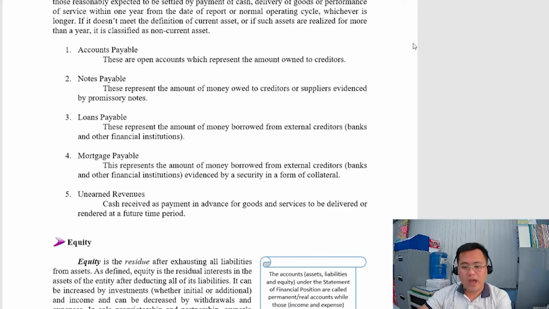For loans payable, there is no need for collateral, while mortgage payables are evidenced by securities in the form of collateral.